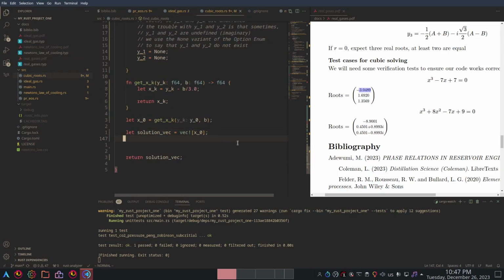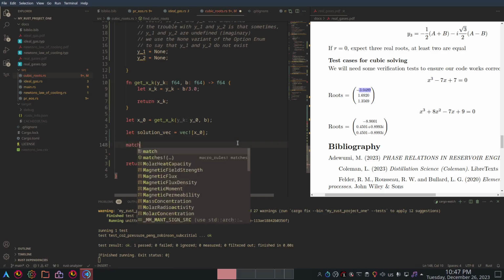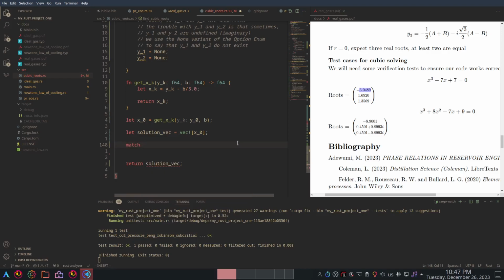So how do we do that? Instead of using if statements, Rust has something called a match statement. Match statements are used with enums. We need to revisit this, but let me give you an introduction to what that looks like.